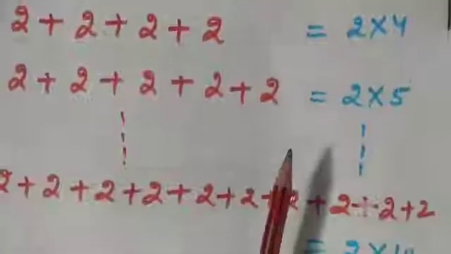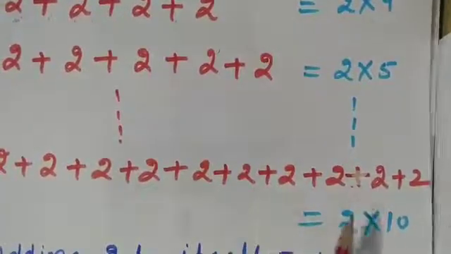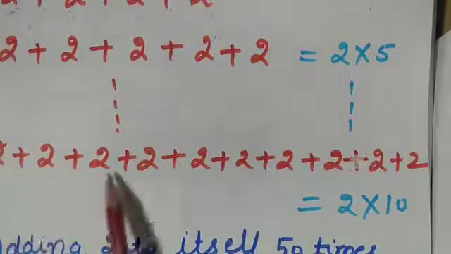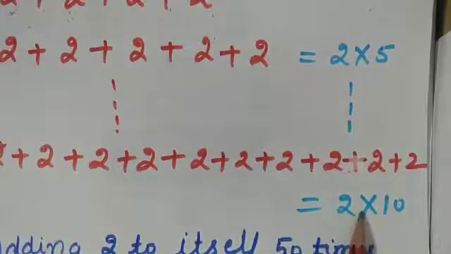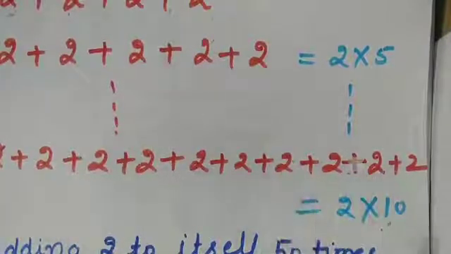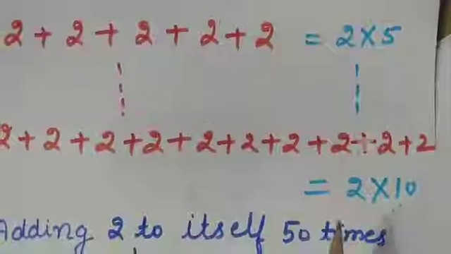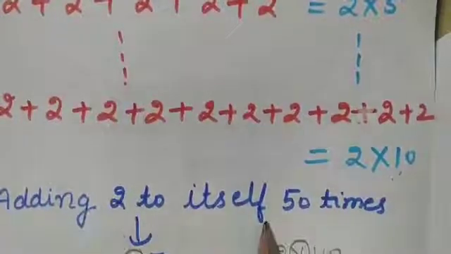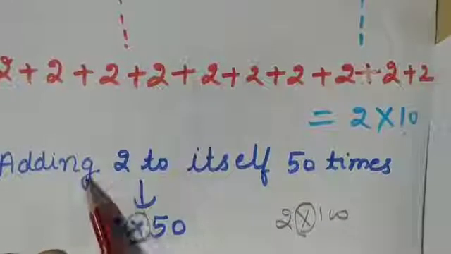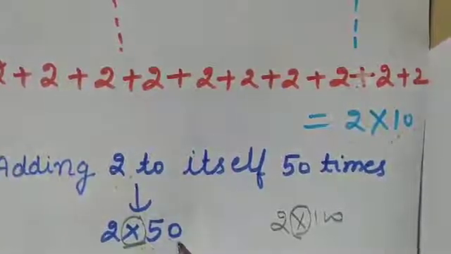Similarly, 2 added 10 times can be written as 2 into 10. 2 when added 10 times will give you 20, and 2 into 10 will also give you 20. Similarly, adding 2 to itself 50 times can be written as 2 into 50.